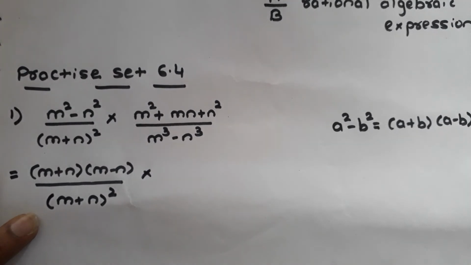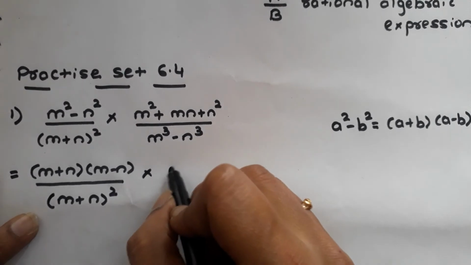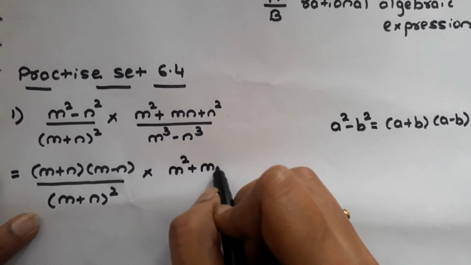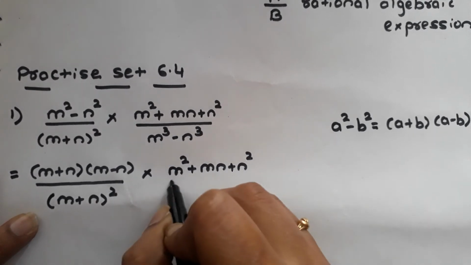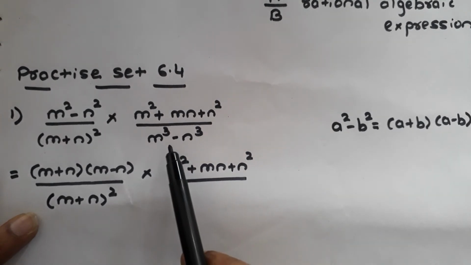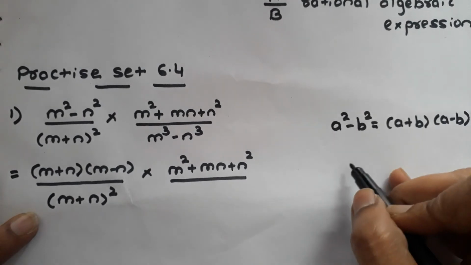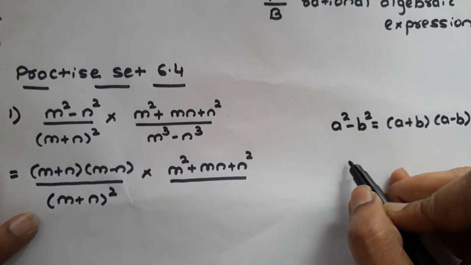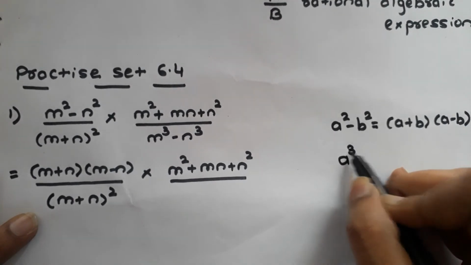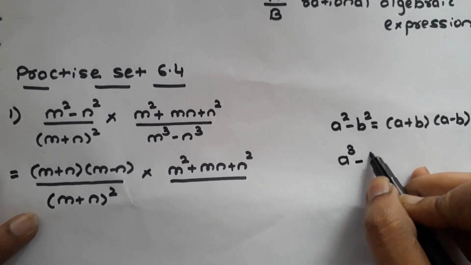Now in the second rational algebraic expression, keep the numerator as it is and use a formula for m cube minus n cube. Now for the denominator, that is m cube minus n cube, use the expansion formula a cube minus b cube.